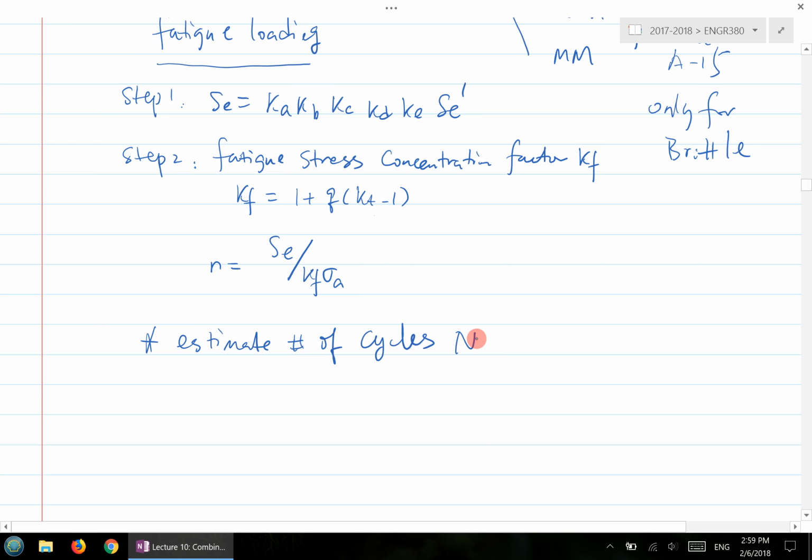The number of cycles N is equal to (sigma a over A) to the power of 1 over B. If you have a certain amplitude of completely reversed loading, depending on the value, N could be infinite, more than 10 to the power 6, or less than 10 to the power 6. Typically, we'll ask you to estimate the number of cycles when it's not infinite life.